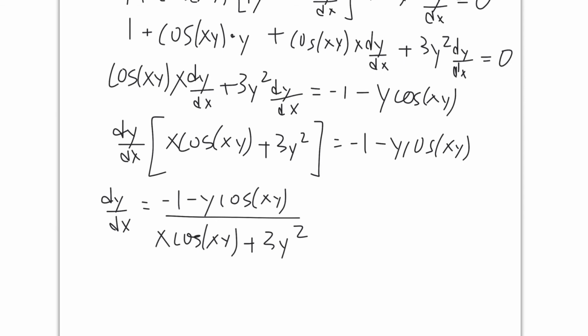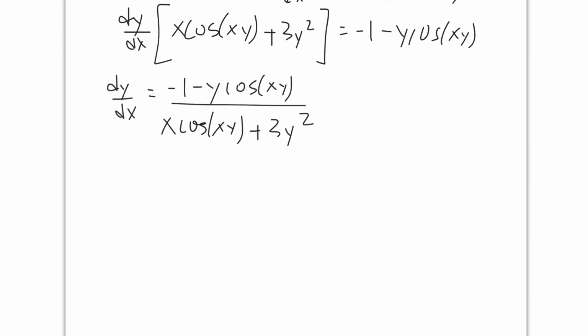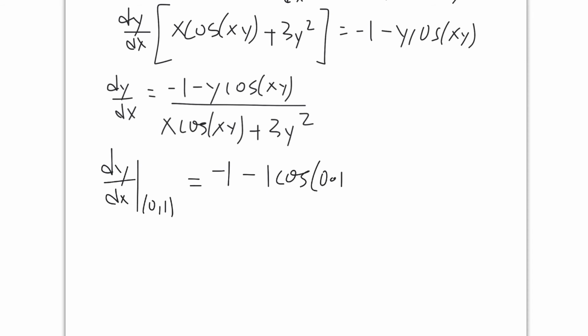So this is the derivative of y, and we're going to use it to calculate the tangent line. So we were told the point was (0, 1). So we write dy/dx evaluated at (0, 1). That'll be equal to negative 1, subtract 1 cos(0 times 1), over 0 cos(0 times 1) plus 3 times 1 squared.